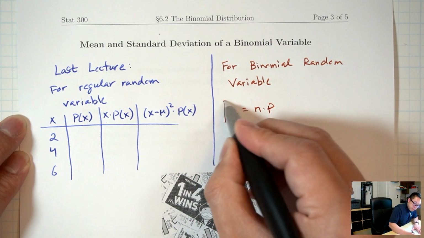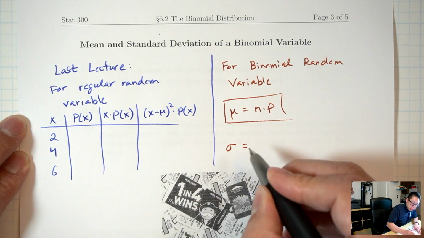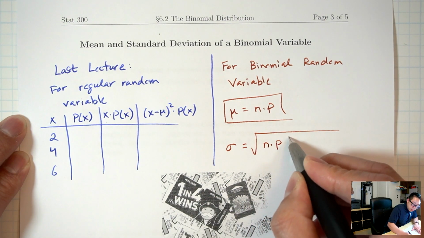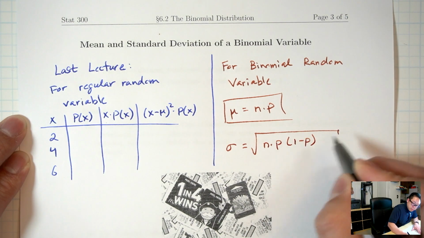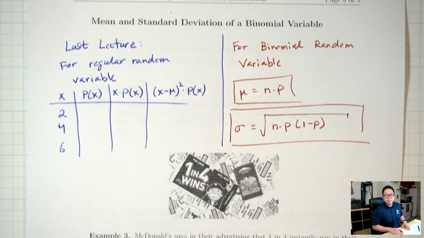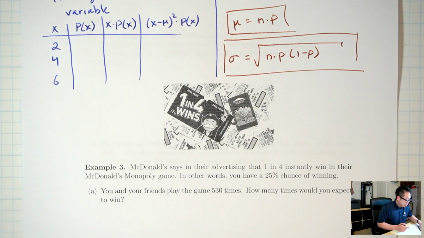That's it. For the standard deviation, instead of using the table, you can just do the square root of n times p times 1 minus p. See? They are nice.